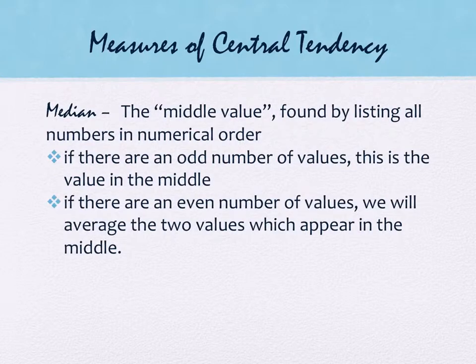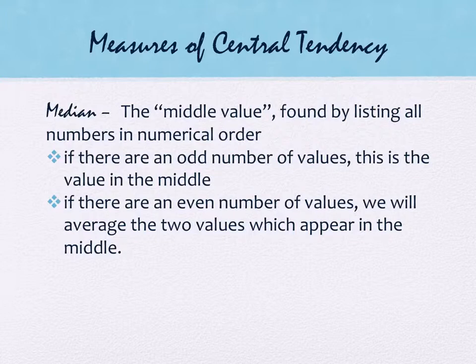All right, the second type of central tendency is a median. A median is the middle value. So you have to be careful when you're doing median that the first thing you do is you take the information and you put it in order. Smallest to largest. You could do largest to smallest if you were so inclined. But the idea is that it's the number in the very middle.